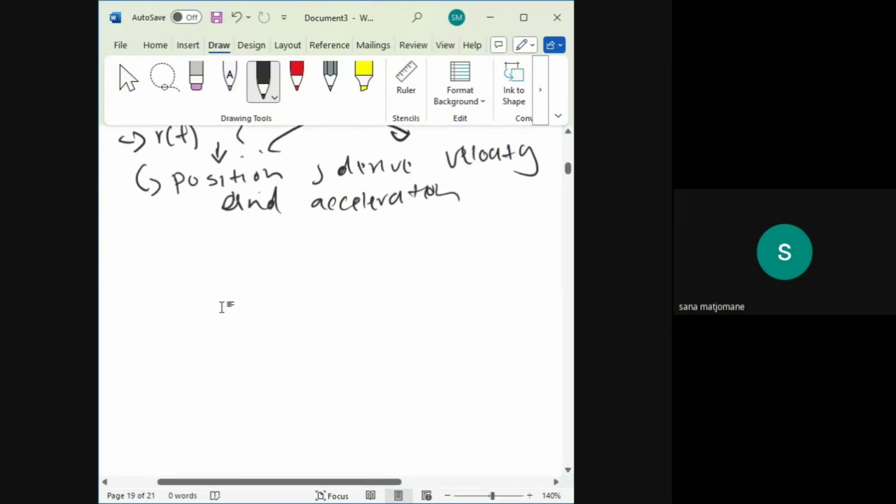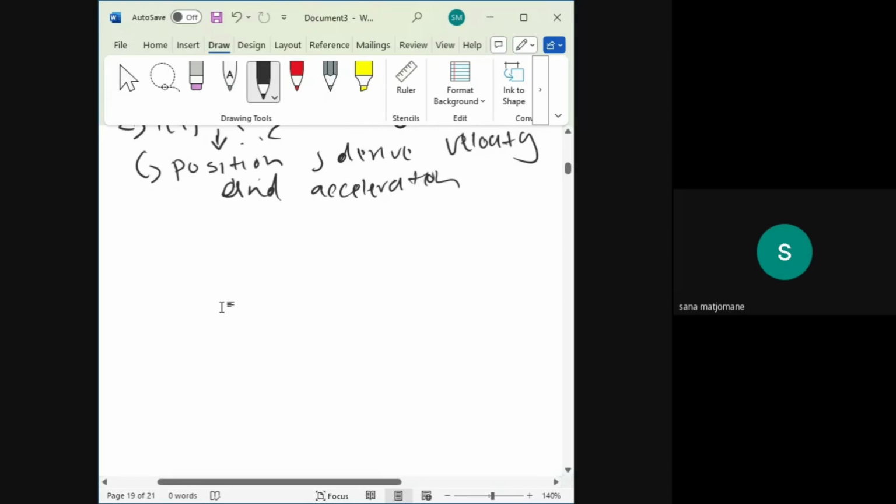For example, imagine a particle at time t naught. This particle moves to another time, tf. It was at time t naught, it moves to tf.